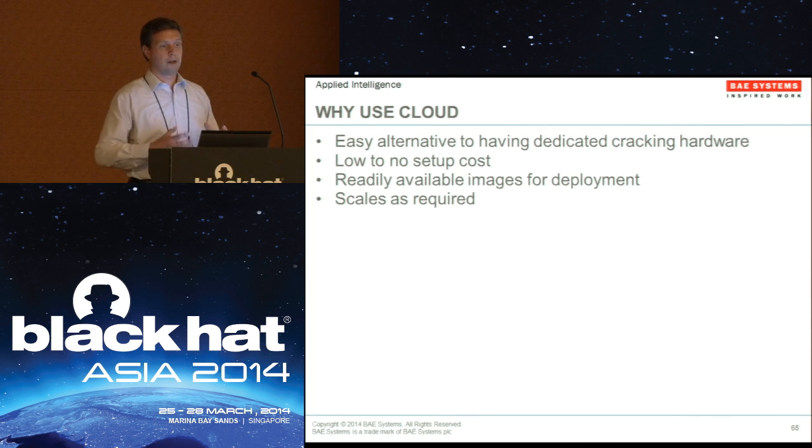Find a readily available image, so you don't even have to do the install. Typically there's a shell script that you can just run that will install all the development libraries for you, and within 5 minutes of hitting start on your instance in Amazon, you're up and running. You can also make that elastic if you're not using GPU, because you can't make graphics cards elastic.